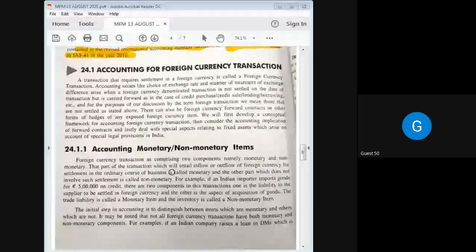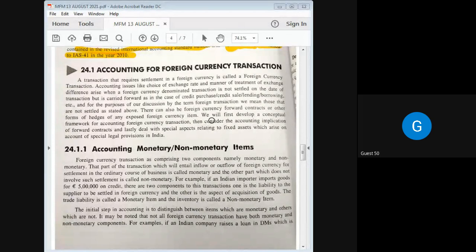So for avoiding that fluctuation of rates, we will take the help of forward contracts, future contracts or option forwards. Option forward means having two options of buying or selling foreign currencies for the next 3 months. We can also take the help of the spot rate, and premiums and discounts.